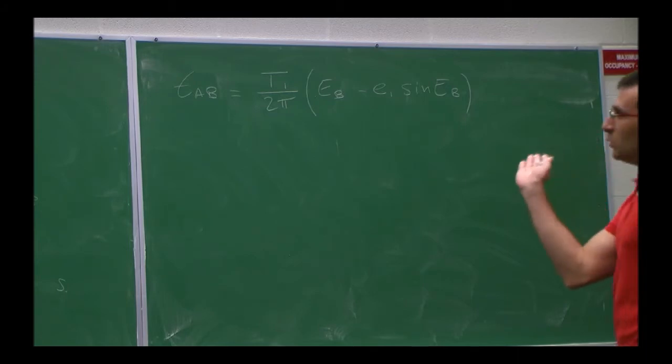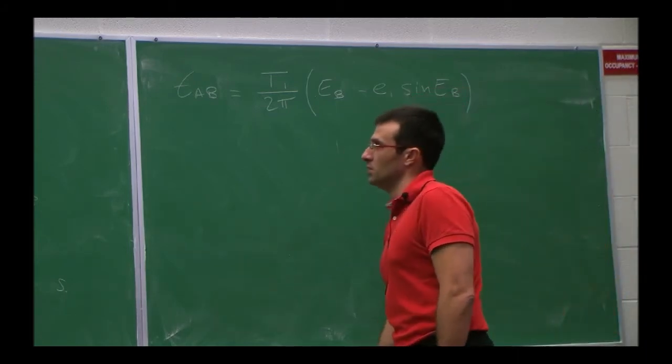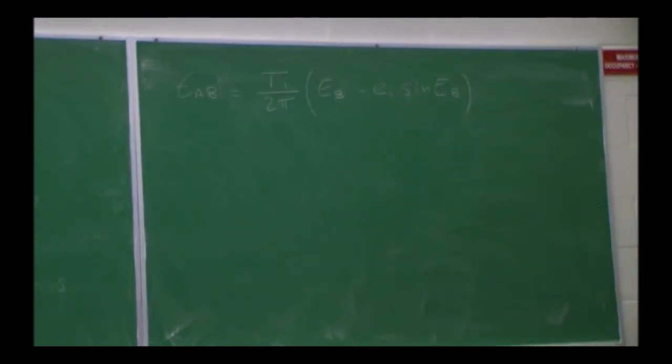Okay? So we start always from perigee, and that's the 0 time, 0 true anomaly, 0 eccentric anomaly.